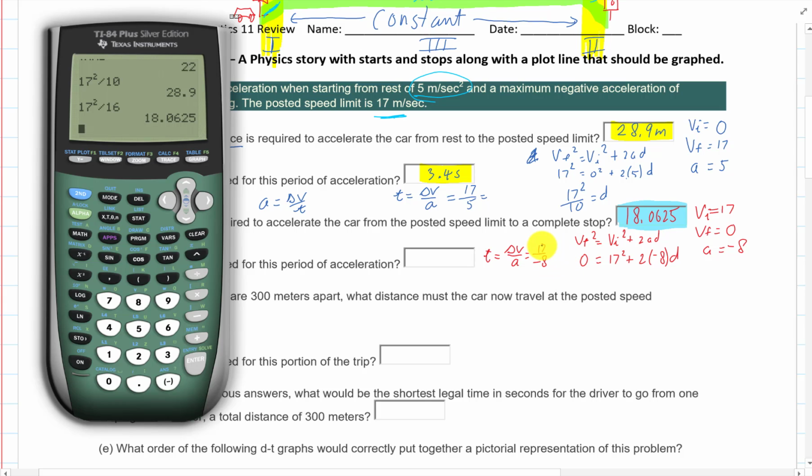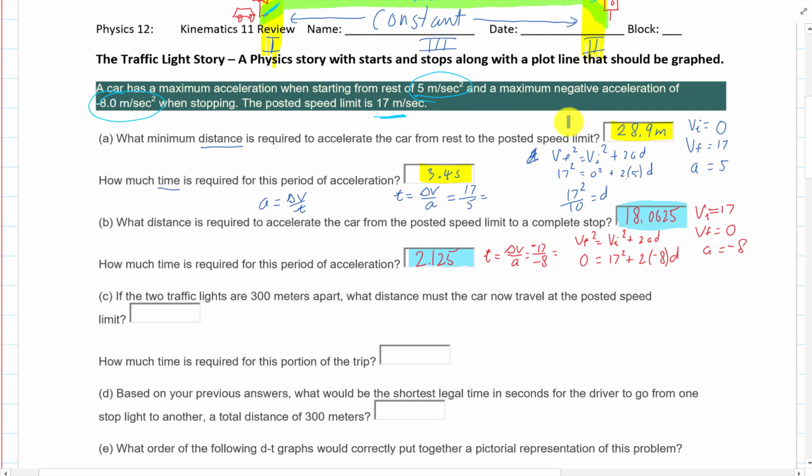But the change in velocity is also negative because it decreases, so the negatives cancel, so we will get the positive time. 17 divided by 8, which would be 2.125, 2 and 1/8. 2.125 in blue, because that's the deceleration.